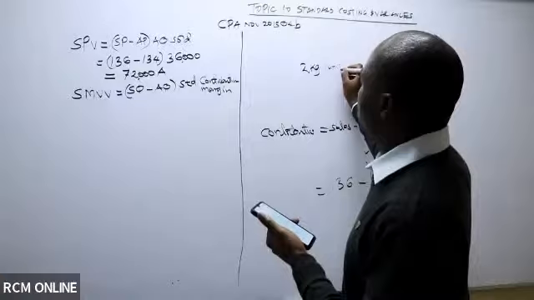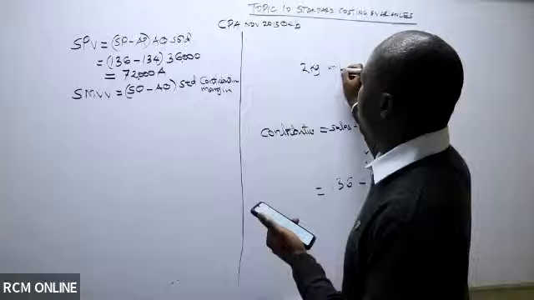So if I want 2 kgs, how much will I spend? It is 2 kg times 10 shillings, which will give us 20 shillings. So that's how they got the 20 shillings as the cost of direct material.